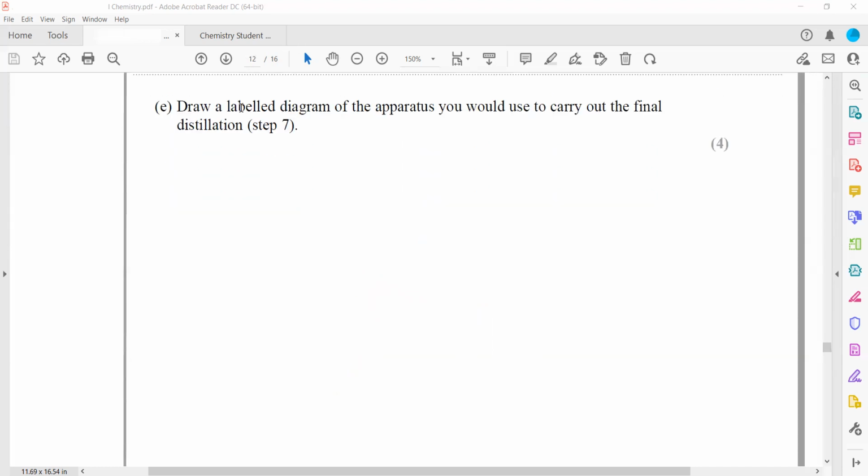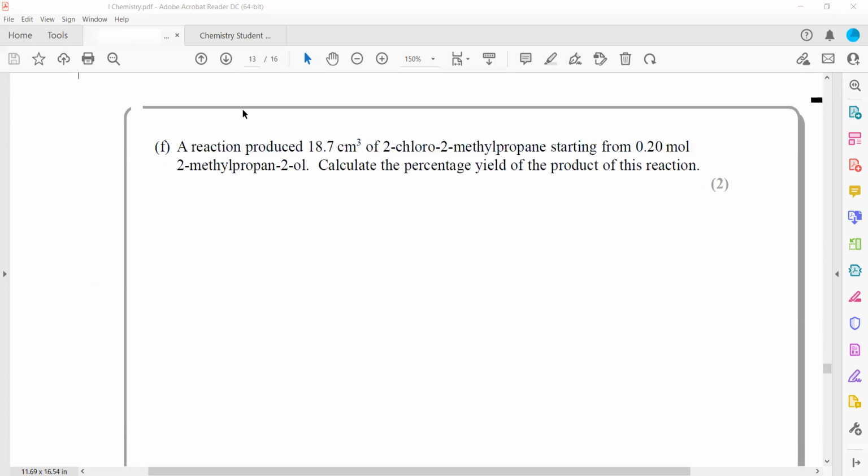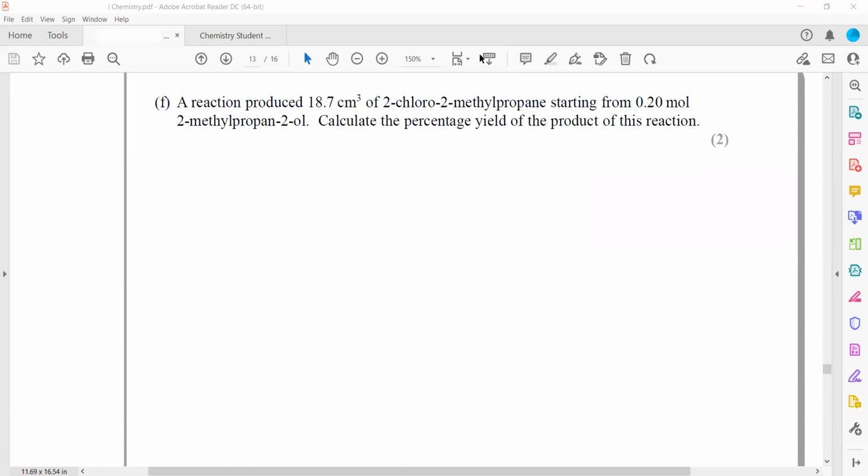Then the next part: a reaction produces 18.7 cm cubed of 2-chloro-2-methylpropane starting from 0.2 moles of 2-methylpropan-2-ol. Calculate the percentage yield.